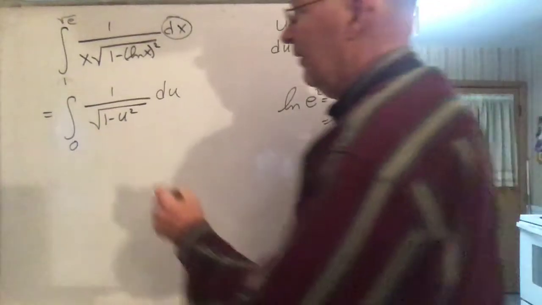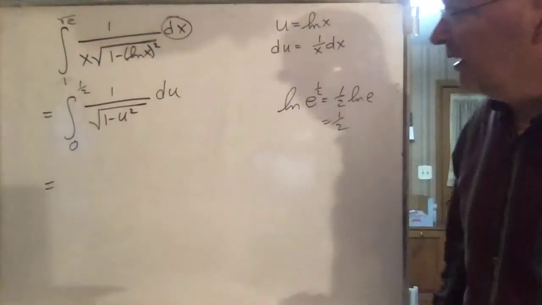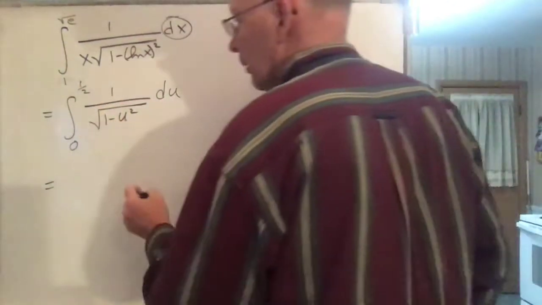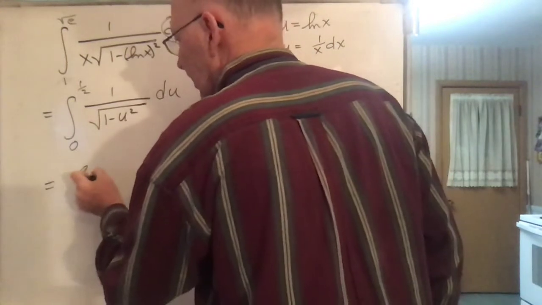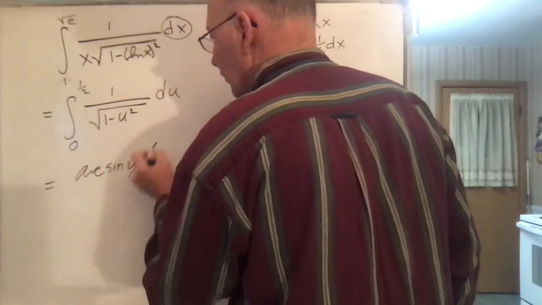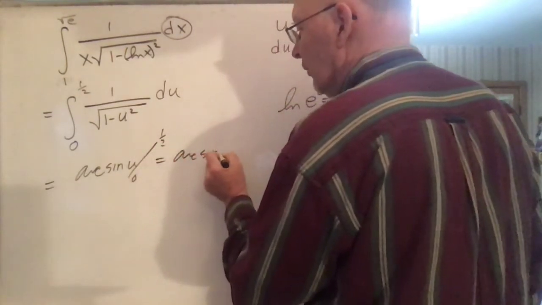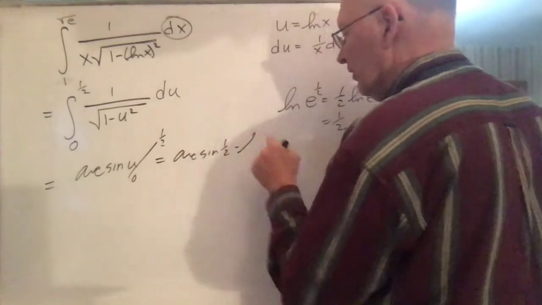So that's 1/2 right there. Now we can take the antiderivative. We've changed our limits. This, recall, is the arc sine of u evaluated from 0 to 1/2, which is the arc sine of 1/2 minus the arc sine of 0.